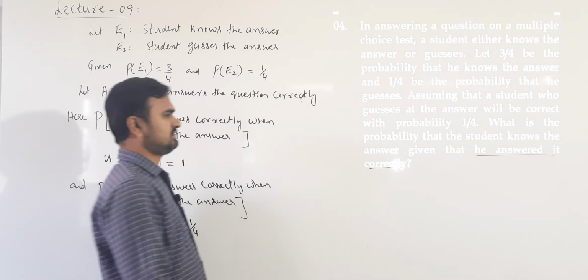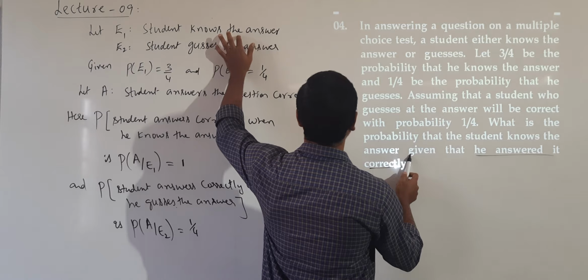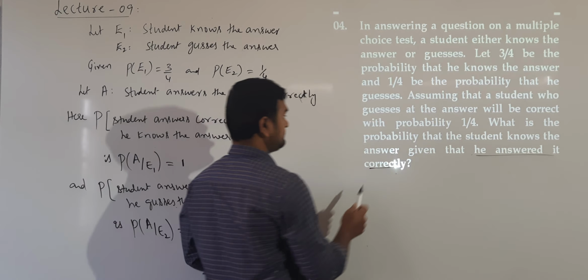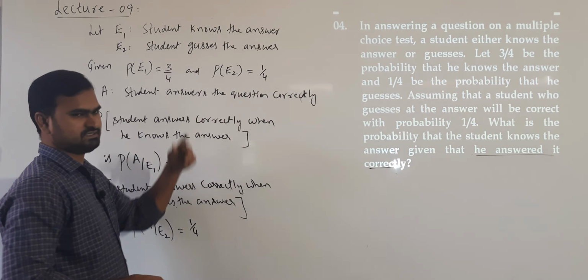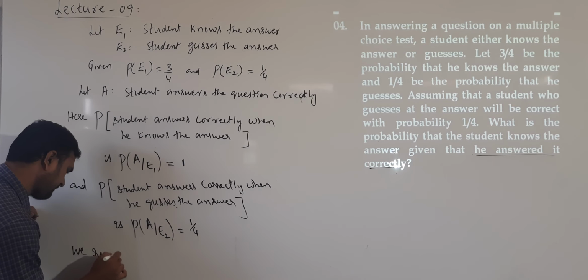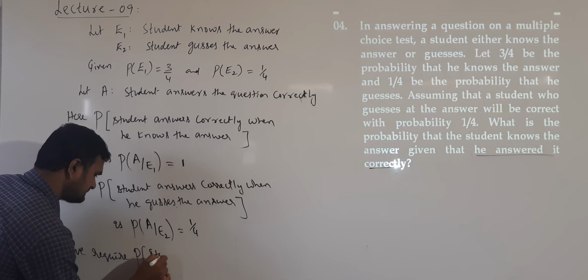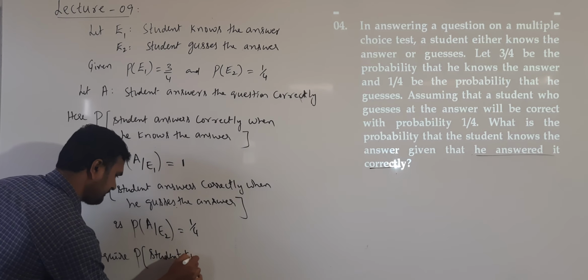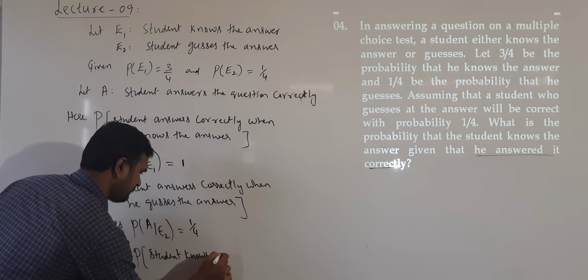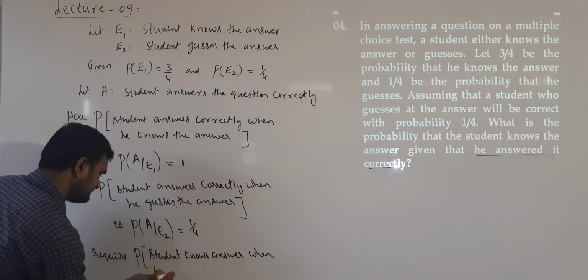Now what do we require? What is the probability that the student knows the answer, that means E1, given that he answered it correctly, given that A has occurred. So we require the probability that the student knows the answer when he answered correctly.